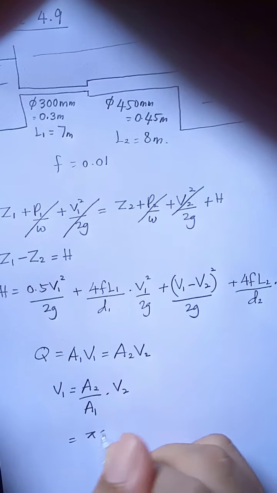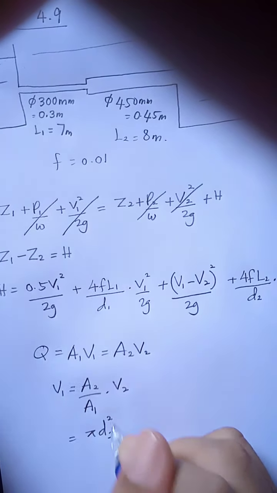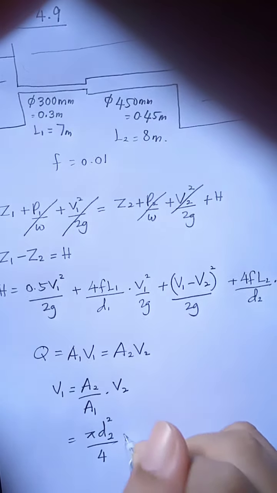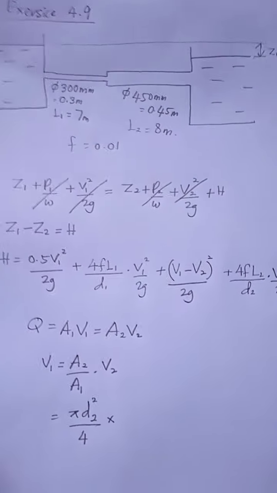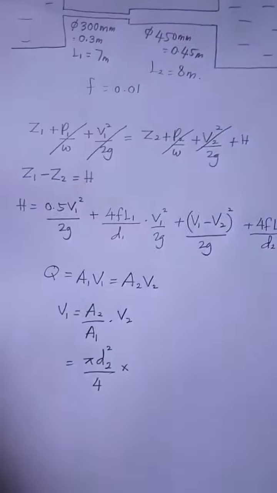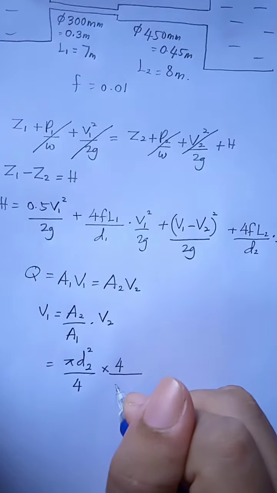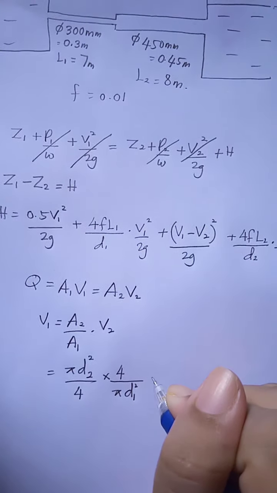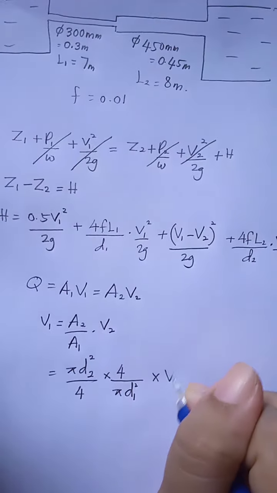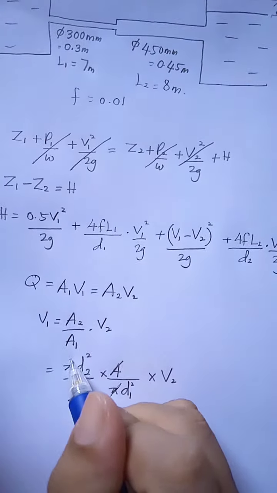A2 is pi d2 squared over 4, divided by A1, which is pi d1 squared over 4, times V2. Cancel 4, cancel pi.